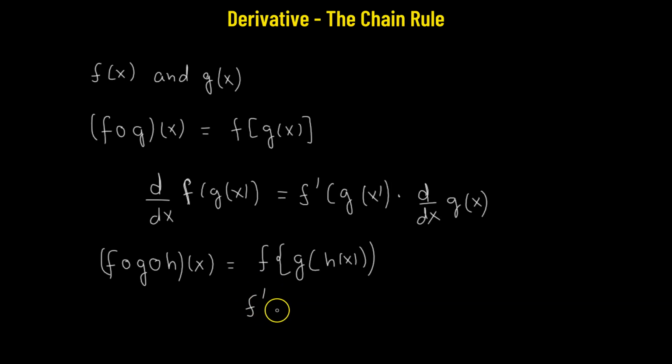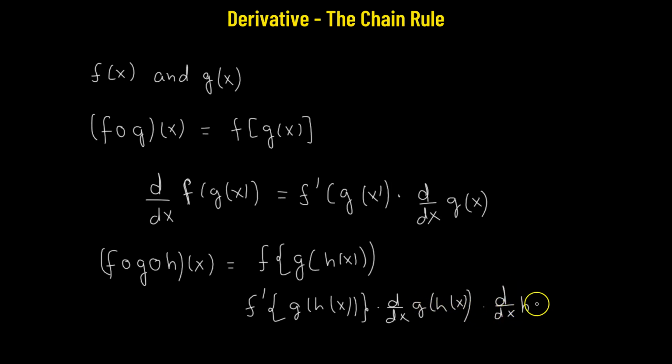We take the derivative of this function with respect to x, then multiply it by the derivative of the inner function, which is g of h of x. But g of h of x is also a composition function, so we again apply the chain rule. That means multiply it by the derivative of h of x. So this is how we can perform the chain rule.